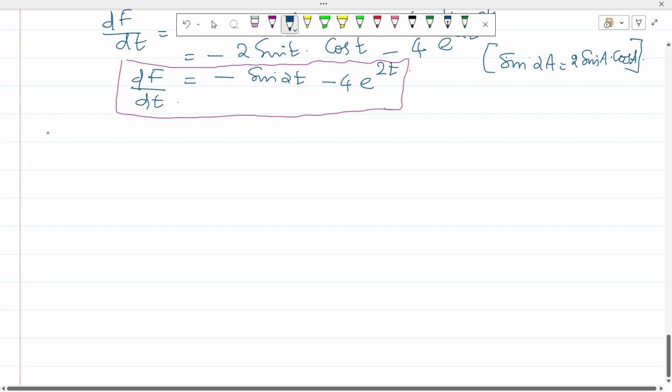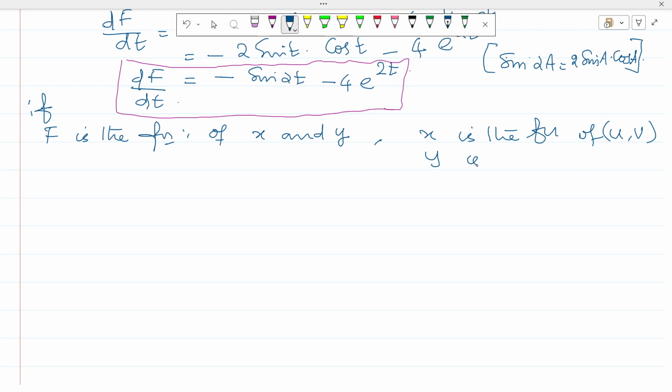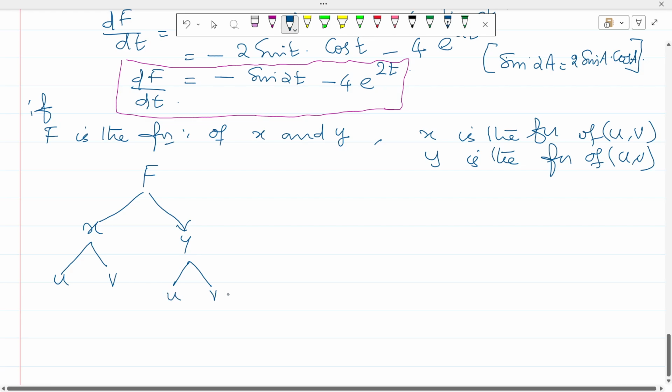In case f is a function of x and y, x is a function of u and v, y is a function of u and v, then how can I differentiate? f is a function of x and y, x is a function of u and v, y is a function of u and v.